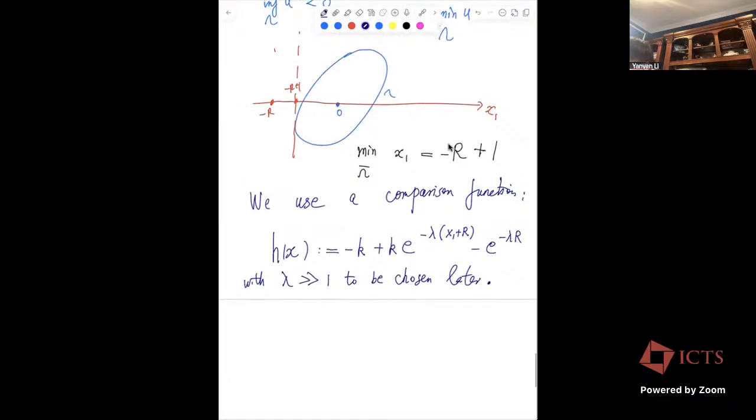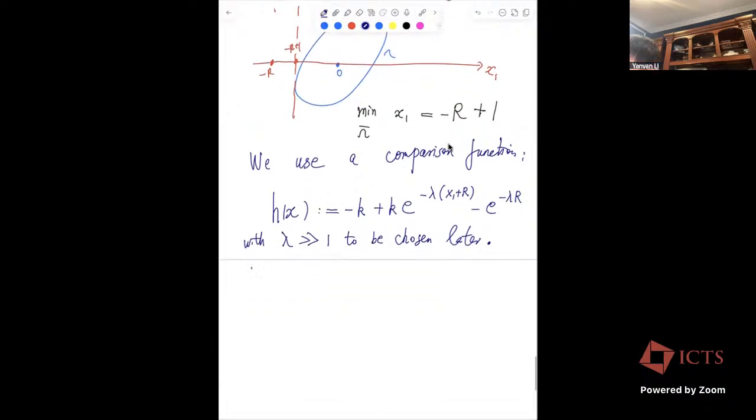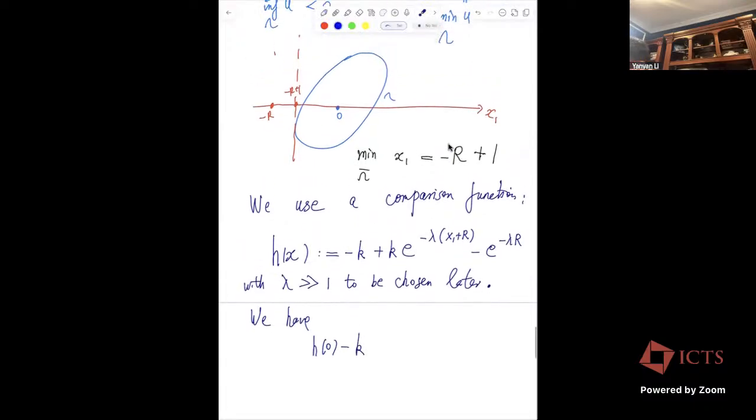You see that h of 0 is minus k, because when we put 0, oh, I should have a k here. I forgot a k here.